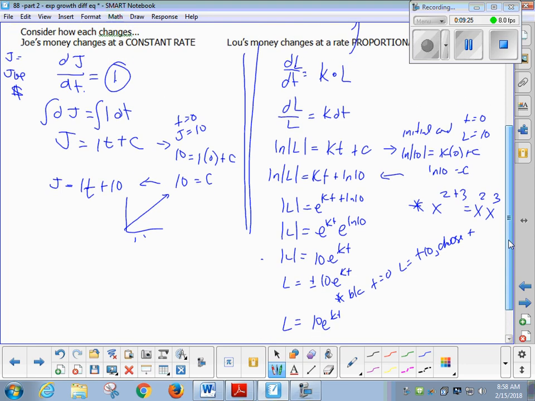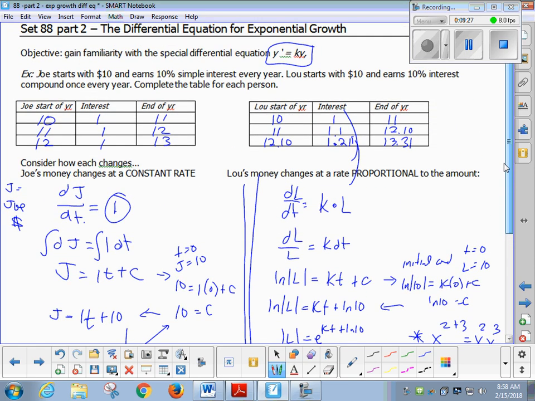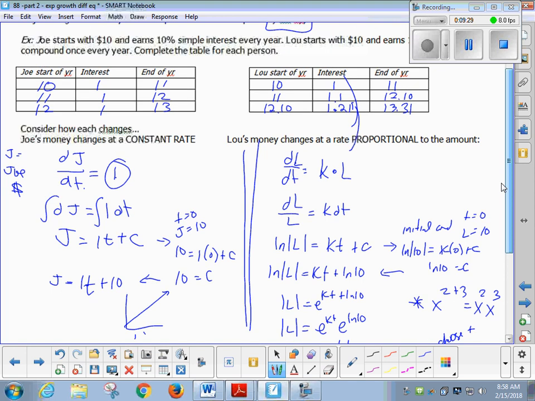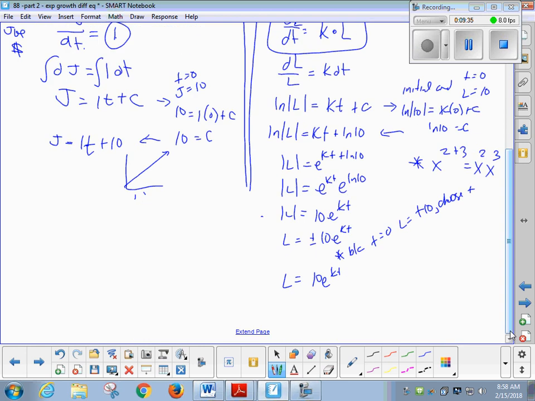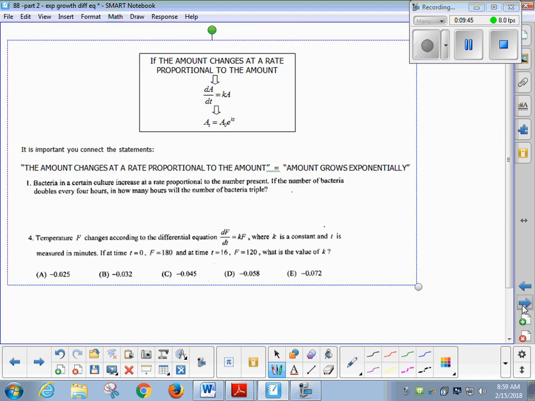Now, the big idea, hopefully I didn't get this lost in the shuffle, is this differential equation: the rate changes at a rate proportional. That's where the exponential growth equation comes from. It comes from that calculus idea, proportional. So you really need to understand this on 3 levels.